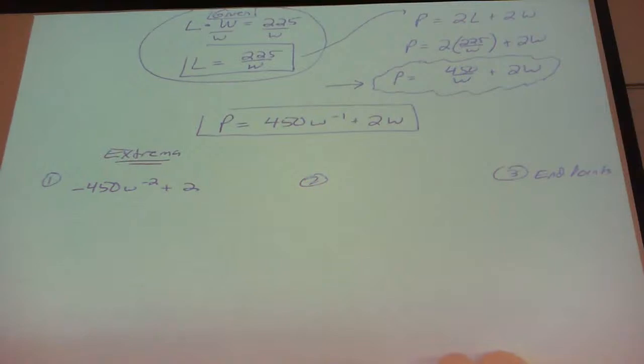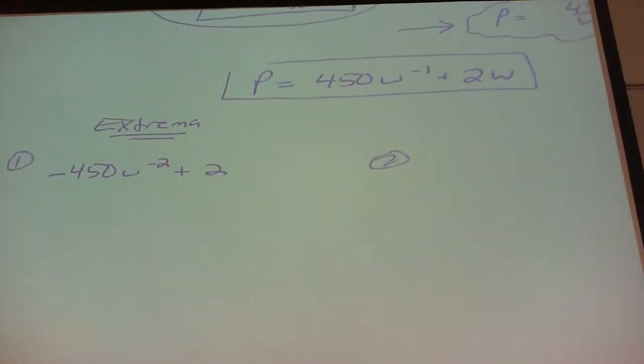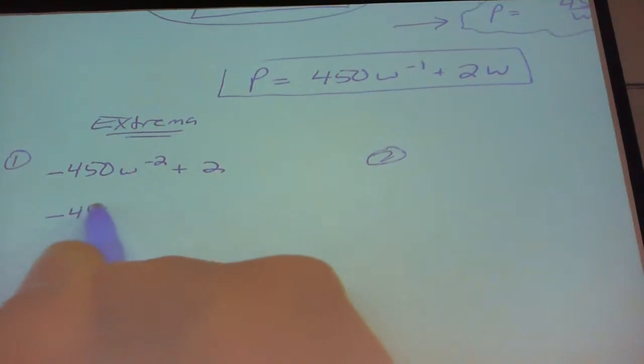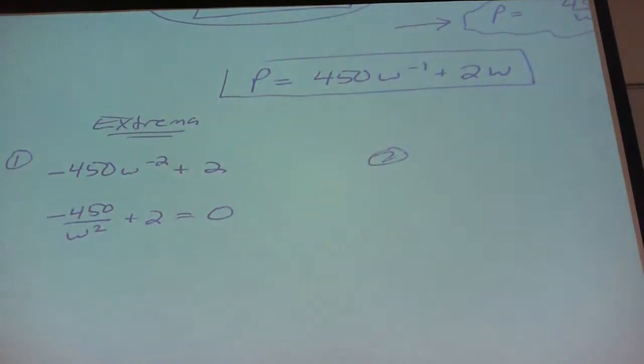Did we take the derivative correctly? Now, that gives me negative 450 over w squared plus 2 equals 0.